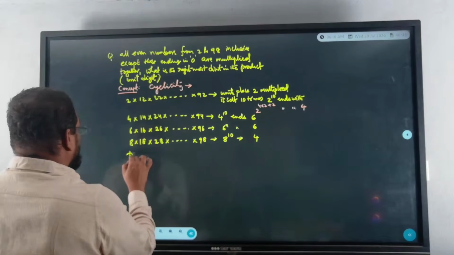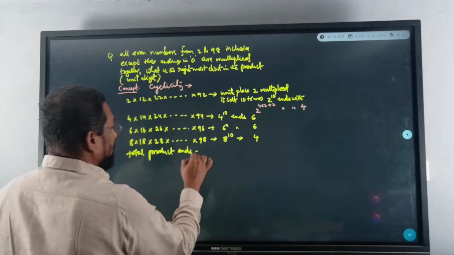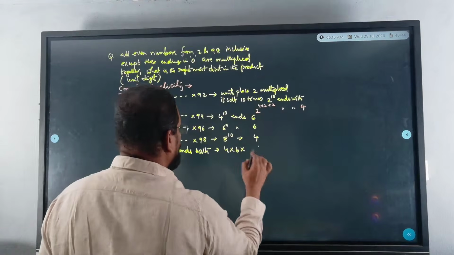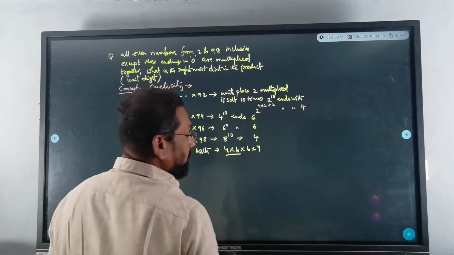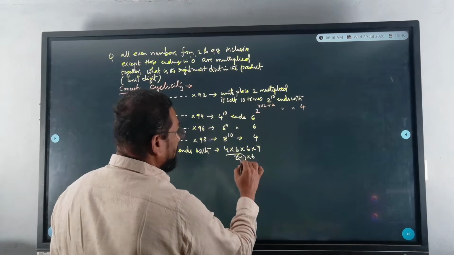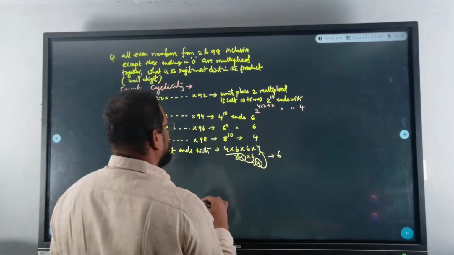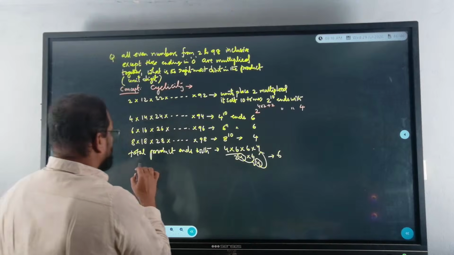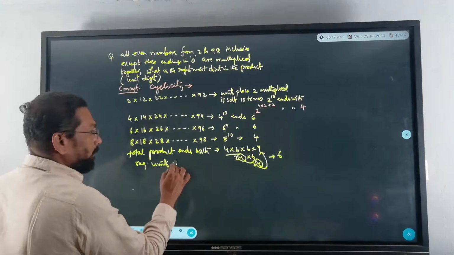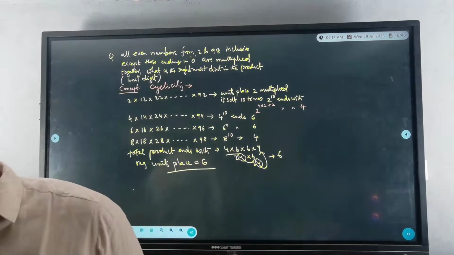Now the total product ends with 4 into 6 into 4 into 6. See, 4 into 6 is 24, units digit 4, then 4 into 6 again 24, then 4 into 4 is 16. So the total product ends with 6. The required unit place is 6.